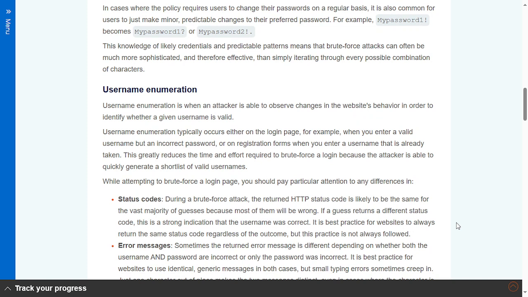This knowledge of likely credentials and predictable patterns means that brute force attacks can often be more sophisticated and therefore effective than simply iterating through every possible combination of characters.